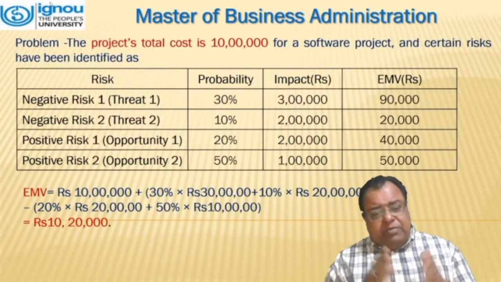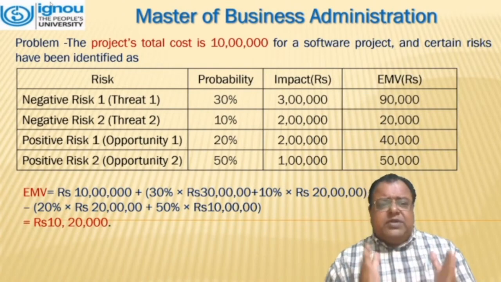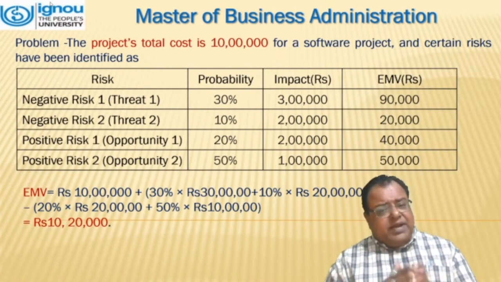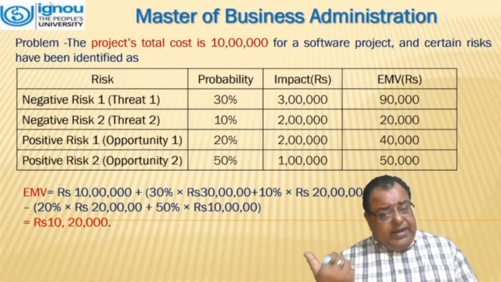Now, we take up a problem to understand what we have discussed. Suppose the project's total cost is somewhere around 10 lakhs for a software project, and certain risks have been identified. Negative risk, that is threat one, has its probability, its monetary value, that is its impact, and its EMV.